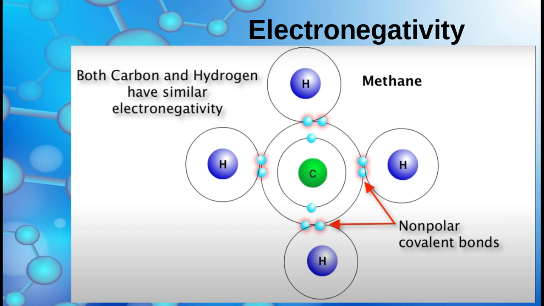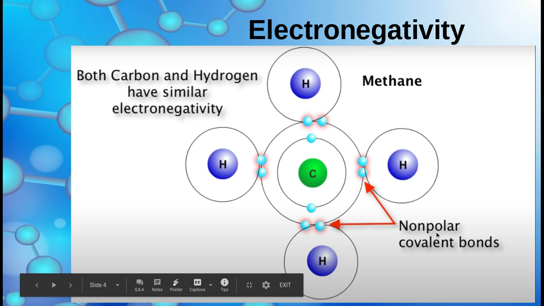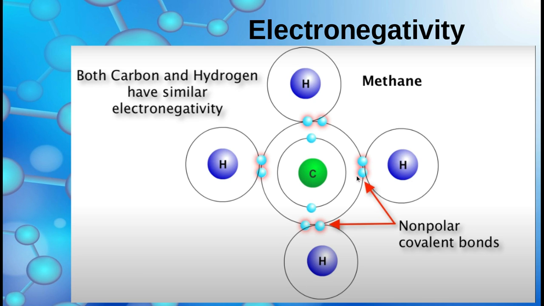I'll get into that a little more when we talk about covalent bonds. But the idea of electronegativity is carbon is okay sharing equally with hydrogen, and hydrogen is okay sharing equally with carbon, and therefore they form something called nonpolar. That's an equal sharing of electrons. They're both sharing electrons, and that's covalent, and it's nonpolar, therefore it's an equal sharing of electrons.